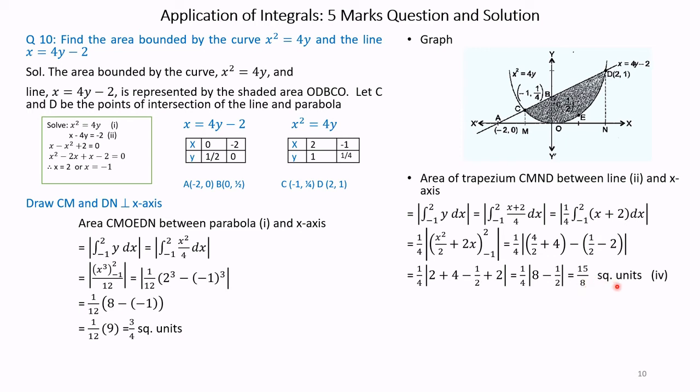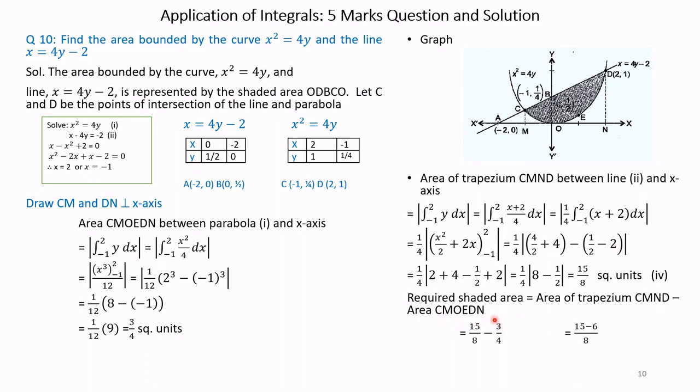So we have got two values. One is the whole trapezium and the other is the area outside the shaded portion. If we subtract the outside area from the trapezium, we get the required answer. Therefore, the required shaded area is equal to the area of trapezium CMND minus the area CMOEDN.